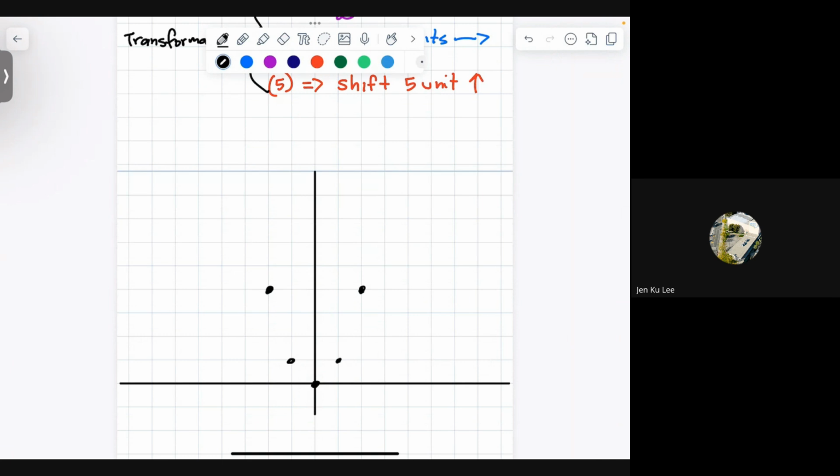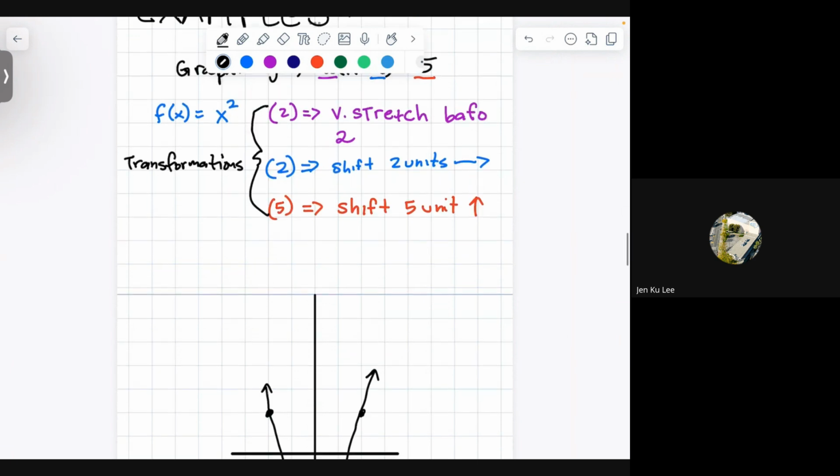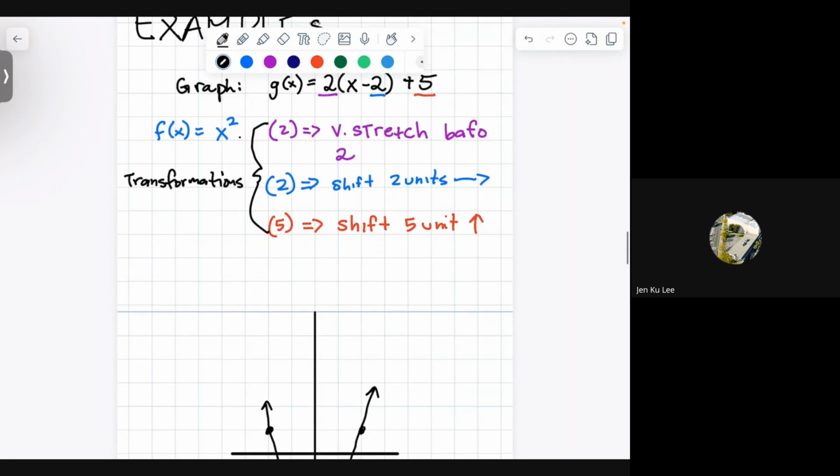So then here's my parent function. So in black, it's y equals x squared. Now remember when we graphed it in module 2, we stretched it before we put our shifts last.